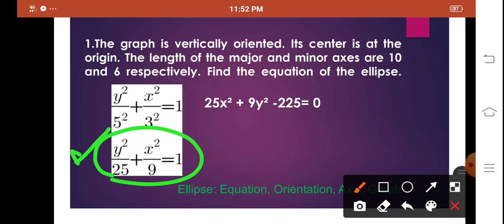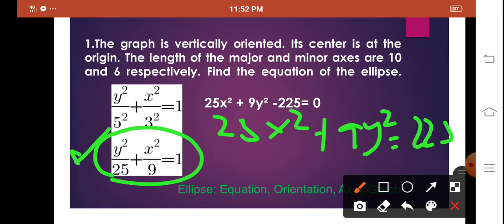So from here, we have 25x squared plus 9y squared is equal to 225. So divide it by 225. If you divide 25 by 225, the result is 9. And if you divide 9 by 225, the result is 25. So we will arrive at this.